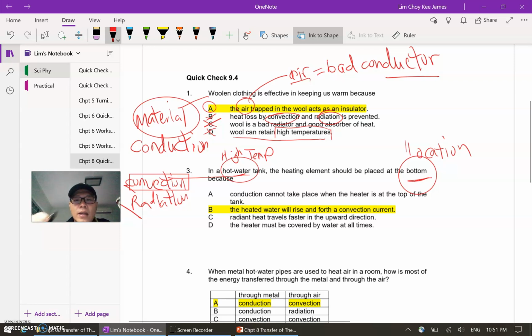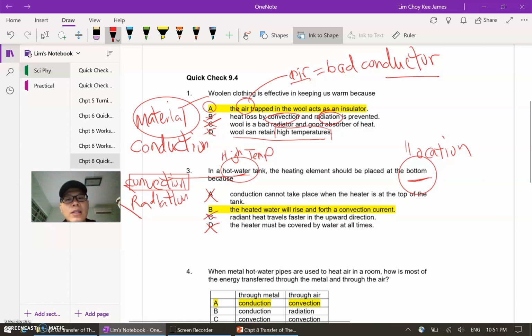So if you look at it, from the clue I can infer that most likely the question is targeted at convection current. With that in mind, you'll find that A is out, D is out also, and C is automatically out because it's targeted at radiation.